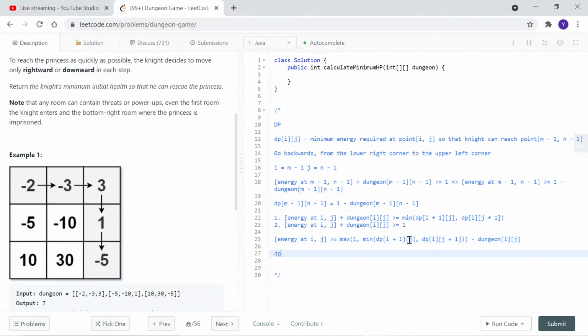Which means that the dp ij here will be this value. So this is the transition function. In the end, we just need to output the dp00.